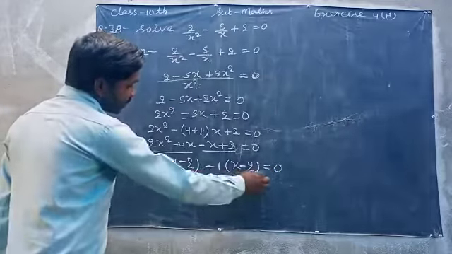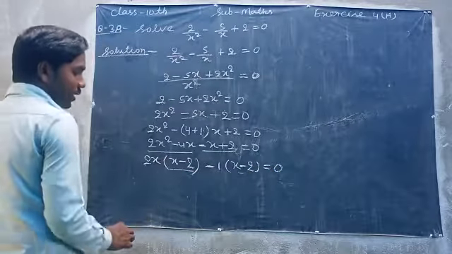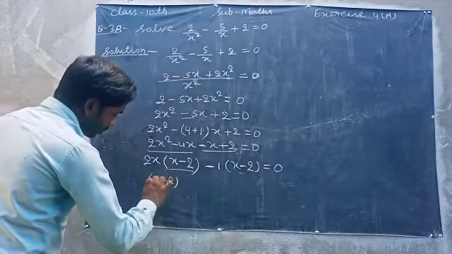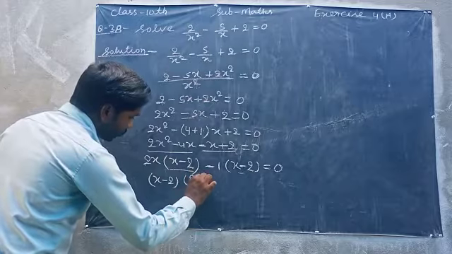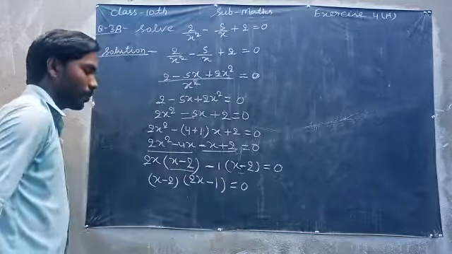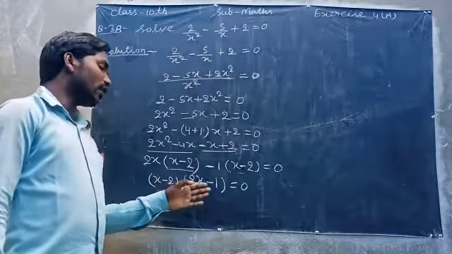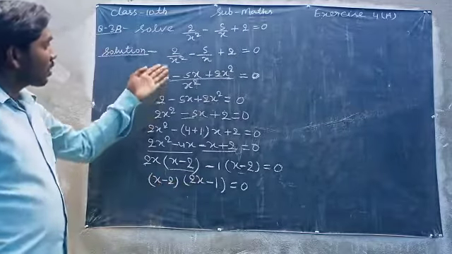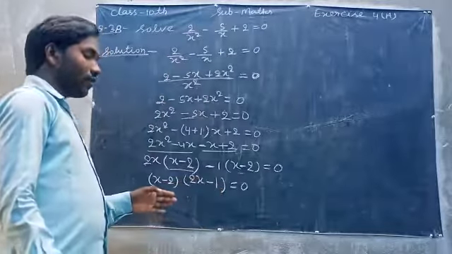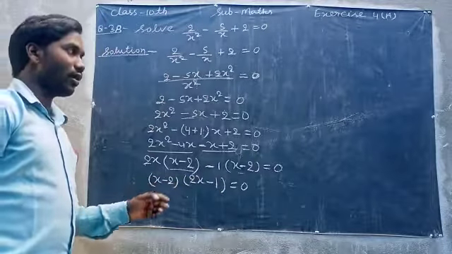Now, you can see x minus 2 is there in both terms. So, x minus 2 is common. It will remain here: 2x minus 1 is equal to 0. Now we have got the two factors of the given quadratic equation. From here we can find the value of x.